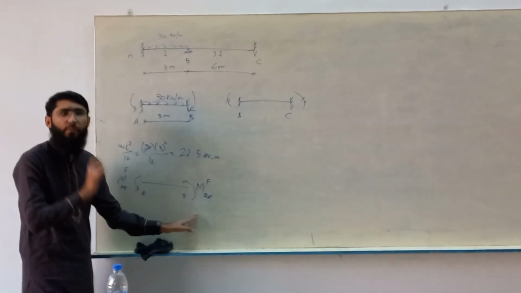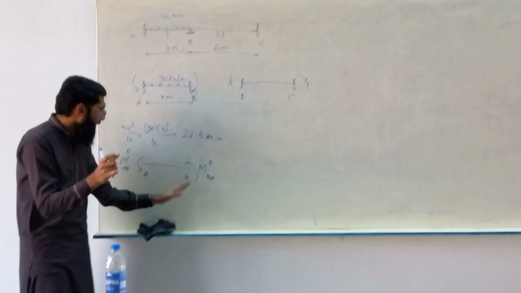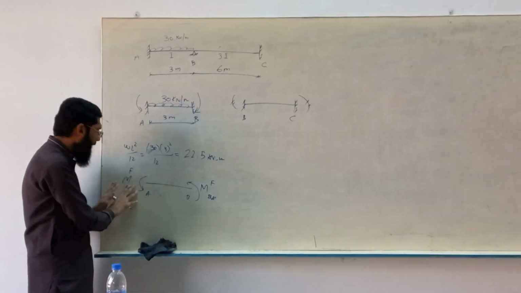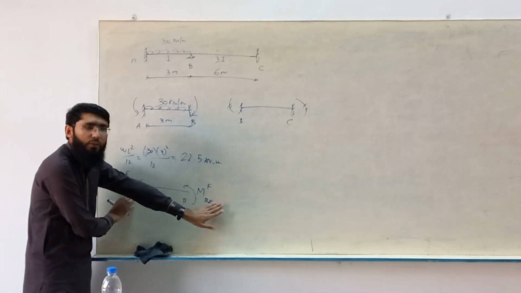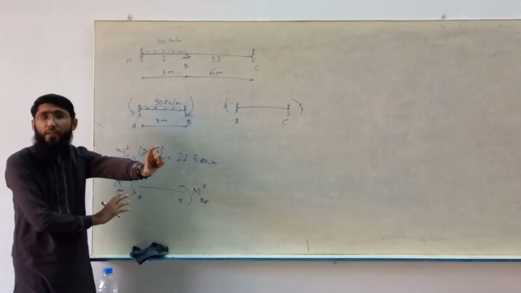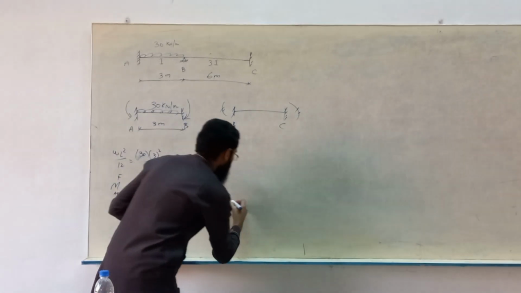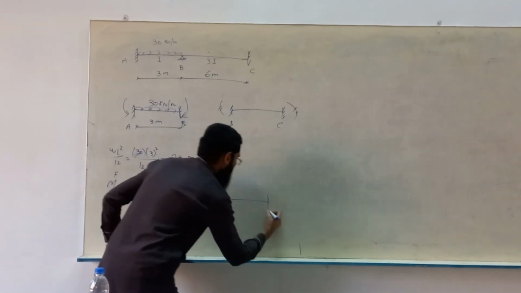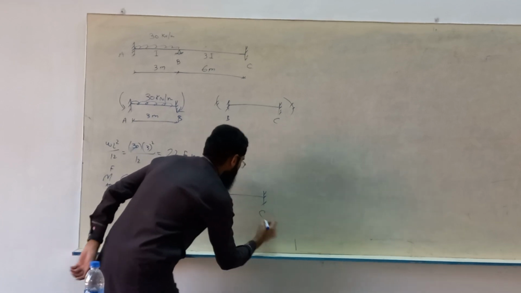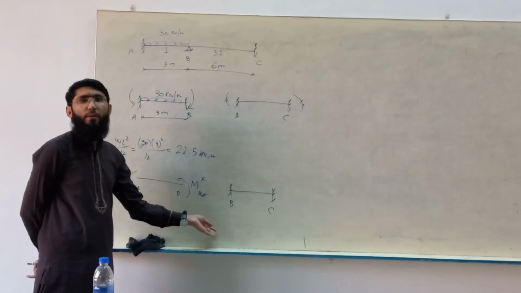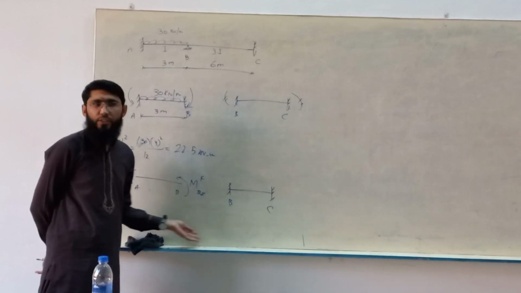The shorter names are MA and MB, but there is a reason for which I'm adding the other subscript. If this was just one span, you would simply use MA and MB, but we've got another span, the other one, this B and this is C. Now, if I call this MB, this is also MB, then there would be no way to differentiate between these two.